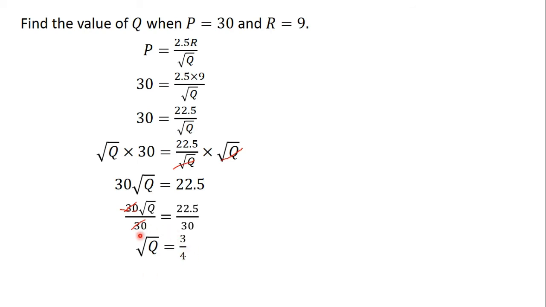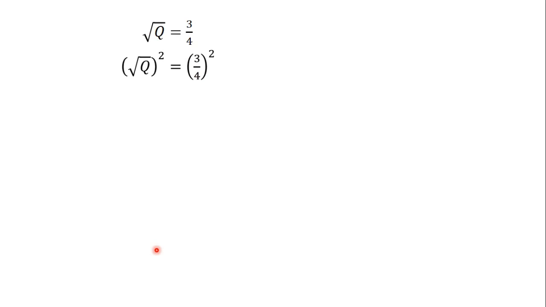We need to find Q, or make Q the subject. From the videos on change of subject, we learned that when you get to this level, in order to find Q, you square both sides. So you find the square of the square root of Q, and you find the square of 3 divided by 4, because whatever you do to the left hand side, you do the same thing to the right hand side.